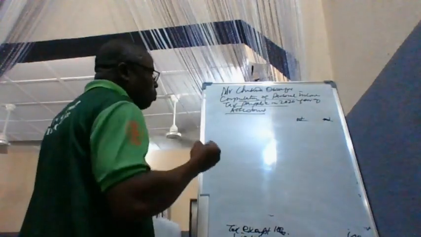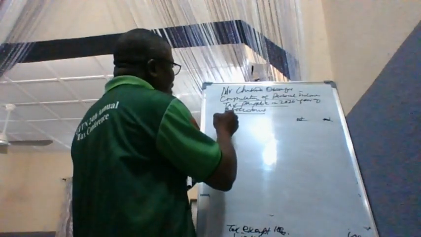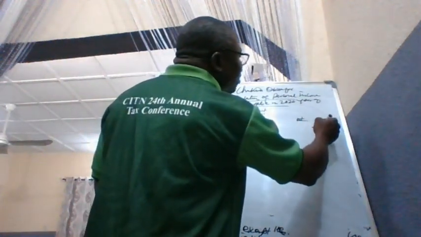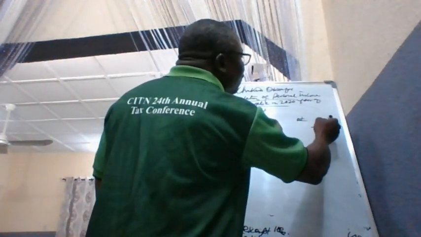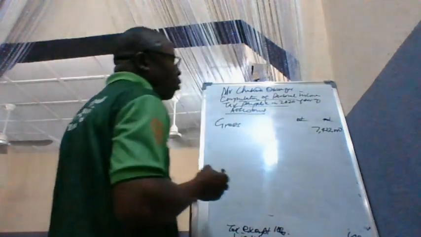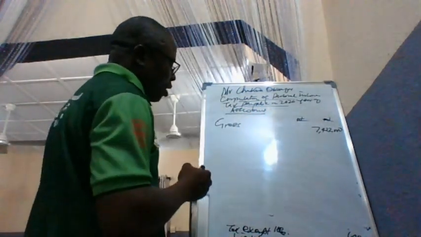What's our gross income? Our gross income is 7,422,000 naira.